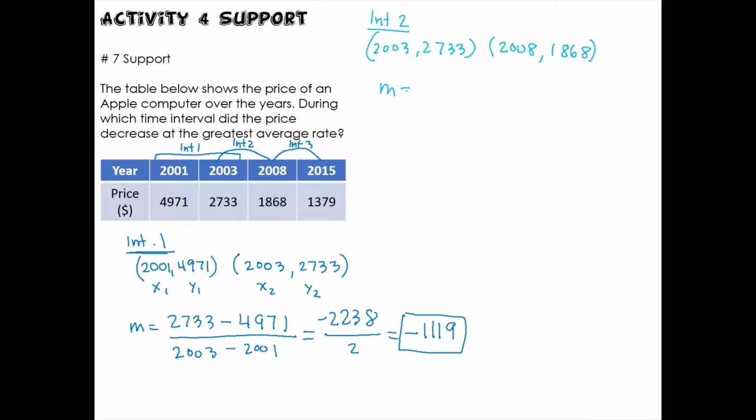So here again, x1, y1, x2, y2, and we're going to go again. 1868 minus 2733. Again, if you're working these with me and I'm going too fast, feel free to pause me, and then we'll just go from there.